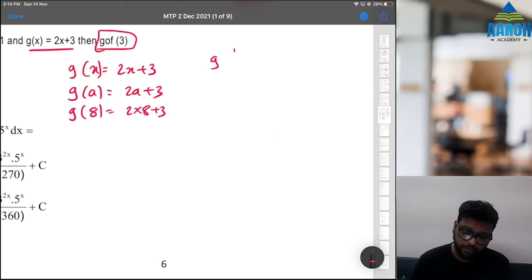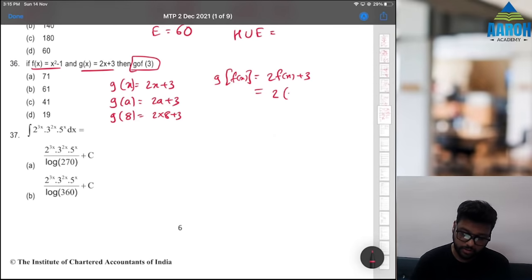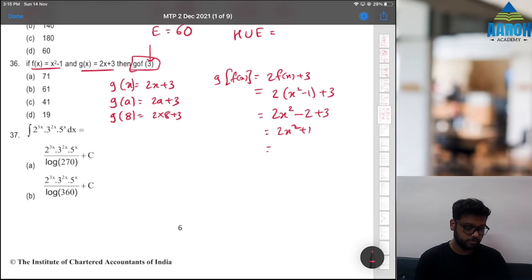Then g of f(x) will be what? 2 into f(x) plus 3. That is 2x square minus 2 plus 3, or 2x square plus 1. But we want to put x as 3, so it will be 3 square, 9 into 2 plus 1, that is 19. D is the correct answer.